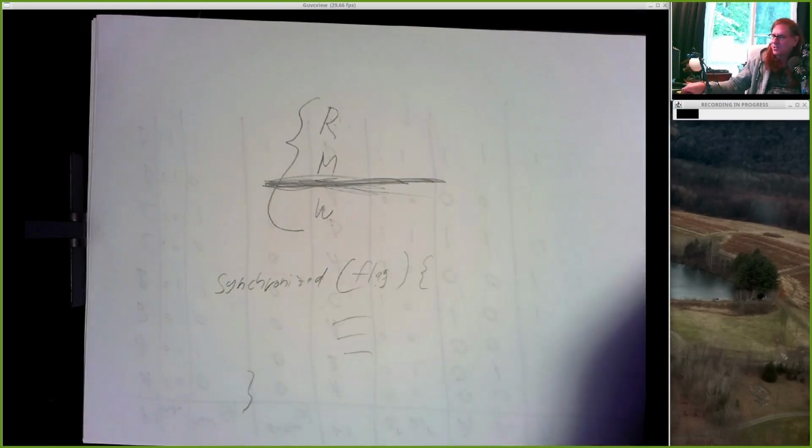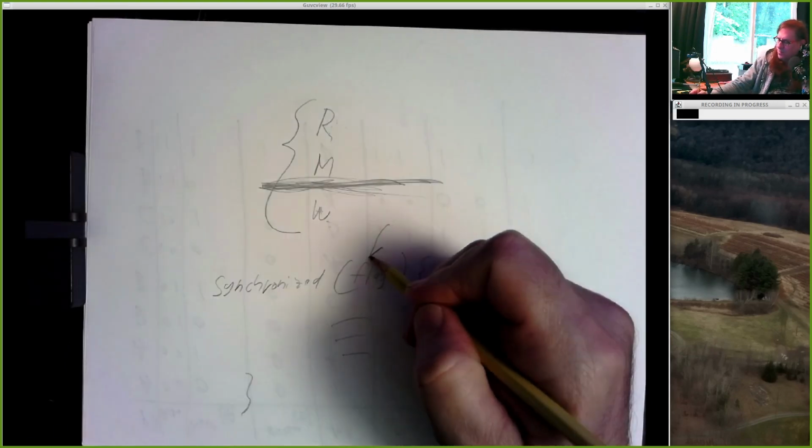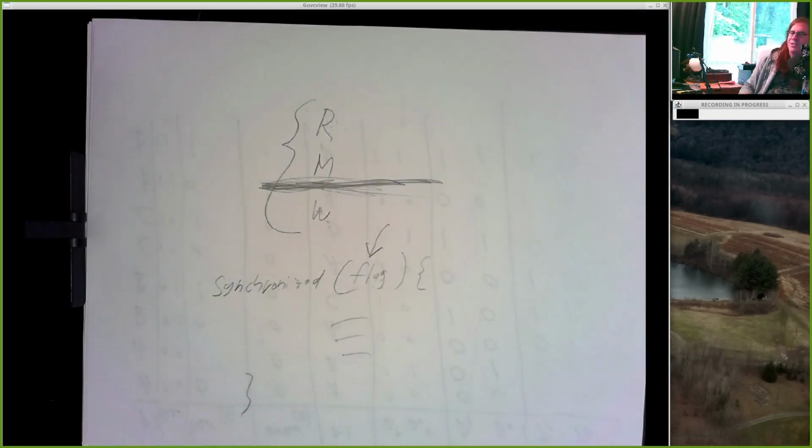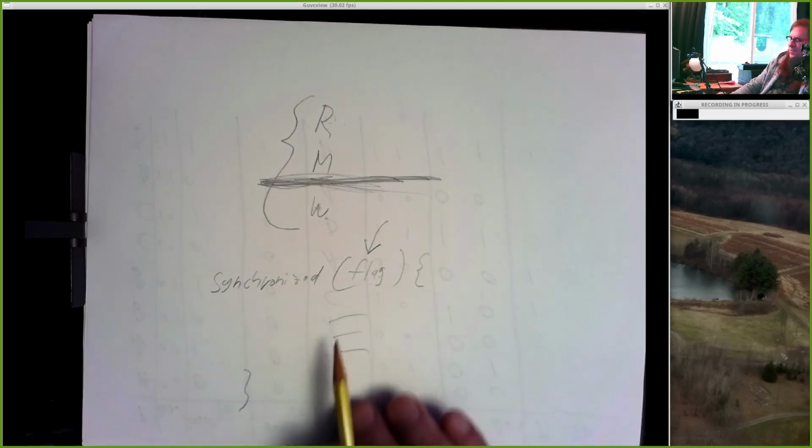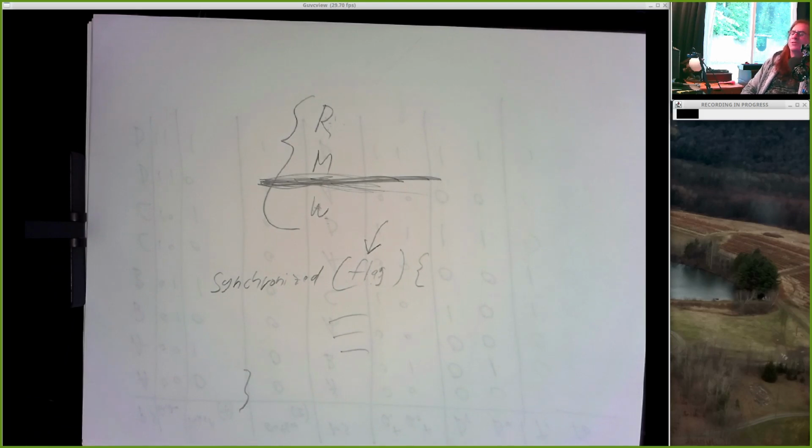So what is this flag? It's any object that we want, but it's got to be a unique object that every thread has access to. Right? So here's the deal. When I want to run this piece of code, I'm going to try to pick up this flag and hold it up over my head.